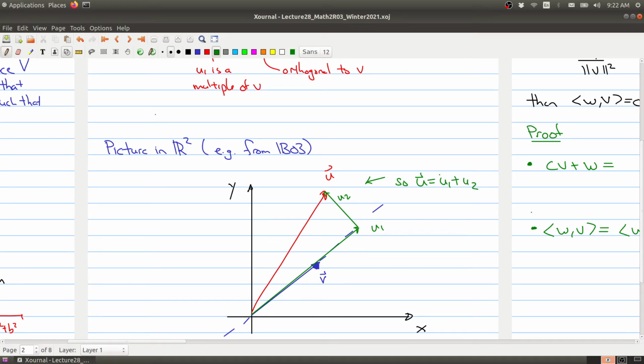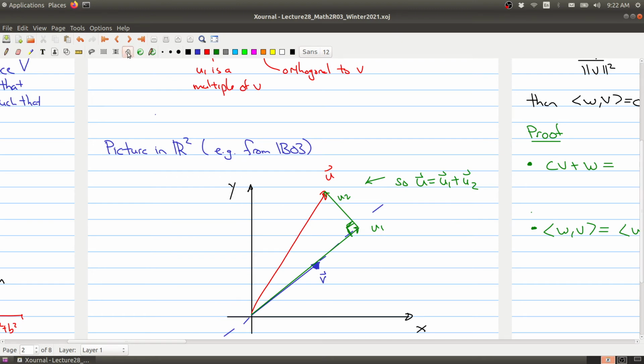I'm writing them as vectors, so let's use that notation. This is exactly what the original question is asking: we want to write u as something that's a multiple of v, so it's on this line, plus something that's orthogonal, so that means that it's perpendicular.